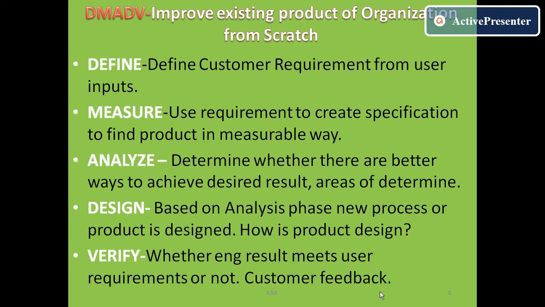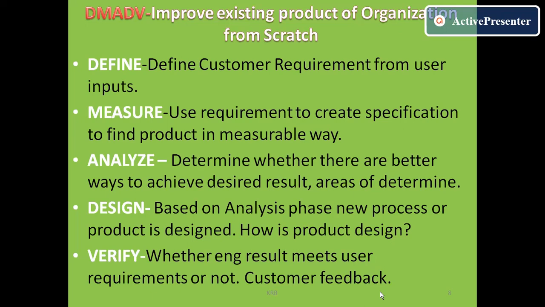Third one is analyze, to determine whether there are better ways to achieve the desired result and areas of improvement. So here we analyze which other ways can be implemented in the product so that it can give us the highest quality at the end, and we find the areas where we can improve those processes.